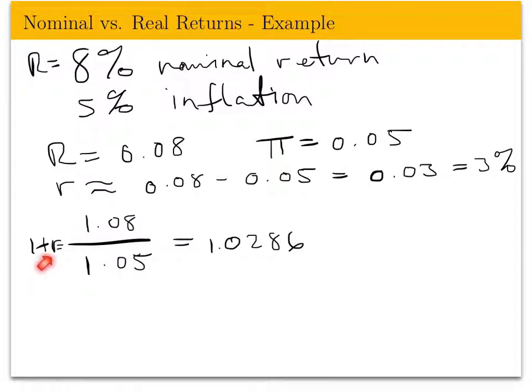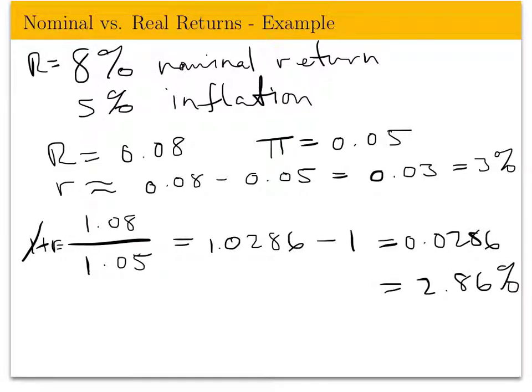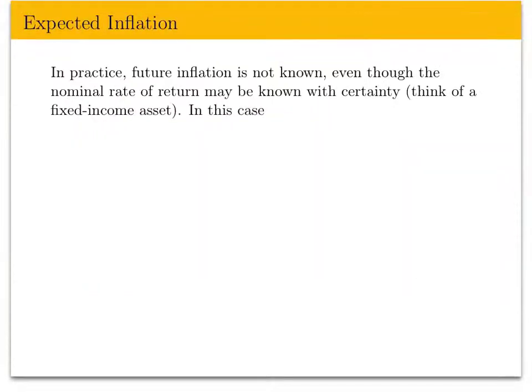So if I solve for the net interest rate by subtracting 1 from both sides, I get 0.0286 or 2.86%. You see that there's a difference. The true value of the real net interest rate is 2.86%. The approximated value is a little bit off.